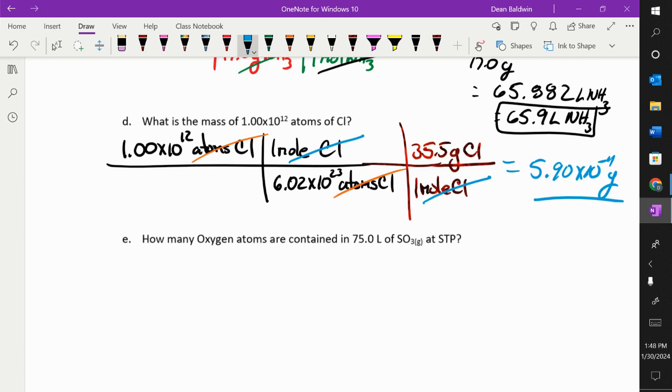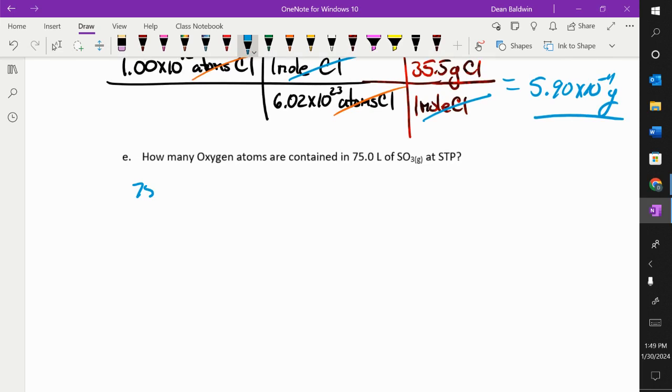All right, last one. How many oxygen atoms are contained in 75 liters of SO3? What's the name of SO3? Sulfite? That's the ion. Sulfite is the ion. This has no charge. SO3 gas. What type of molecule is it? Ionic or covalent? Covalent, so it's sulfur trioxide.